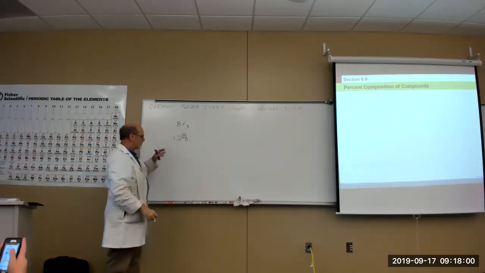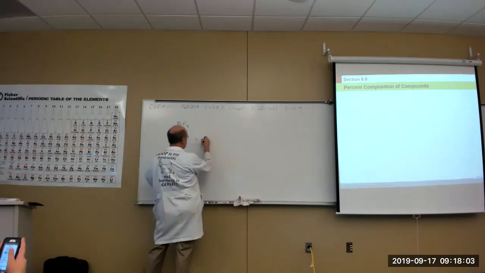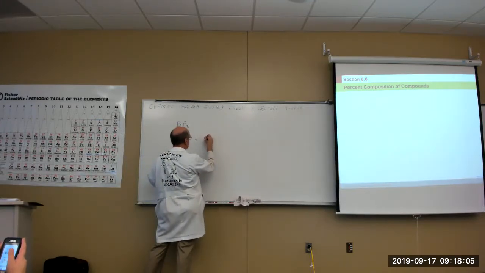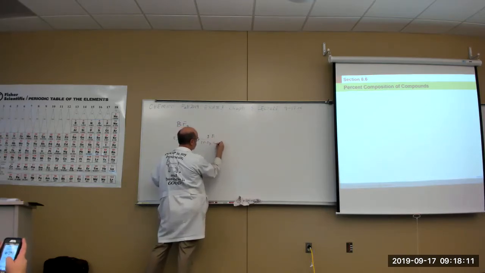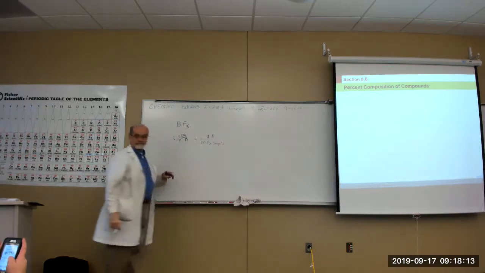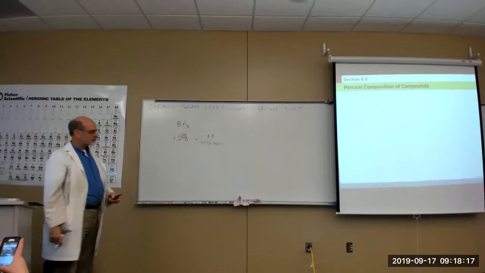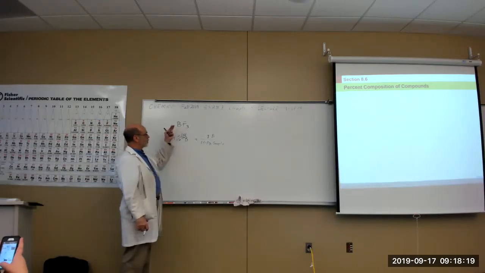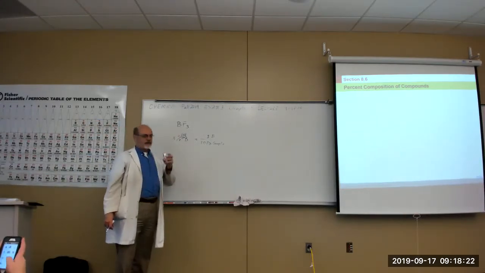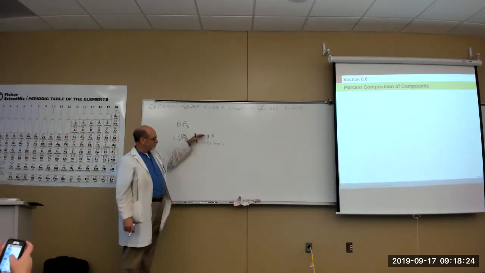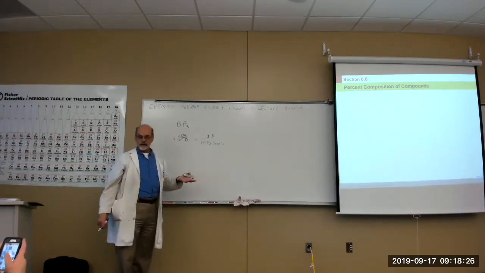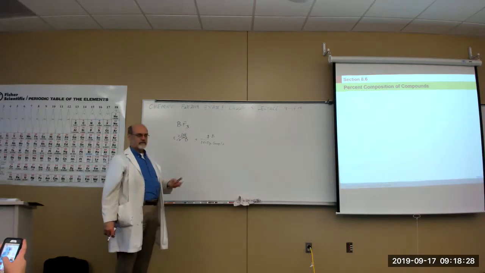Right? So what that means is that's so many grams of boron per 100 grams of sample. Okay? And do the same thing for fluorine. Now, of course, since you've only got boron and fluorine in there, the combined amounts, when you add those together, should be close to 100 grams. Okay.